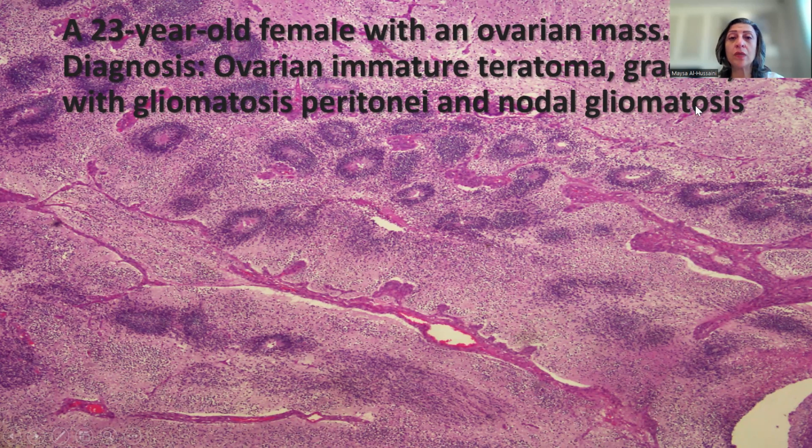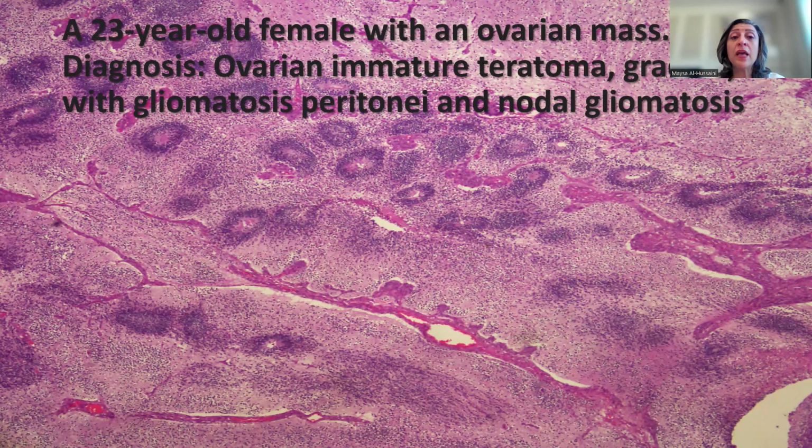An issue here, which is very important, is how to stage these tumors. As per the WHO classification, because of the involvement of the peritoneum as well as the node, this is considered to be stage 3, pT3N1, which corresponds to FIGO stage 3.